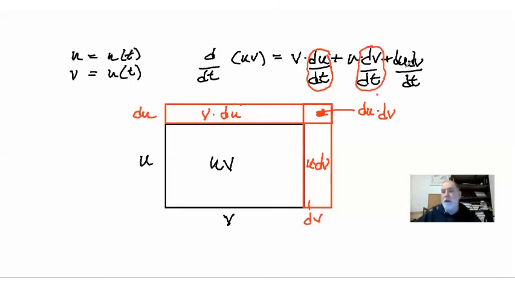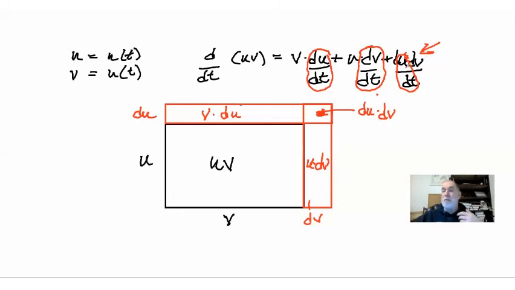And what do we have here? Well, we could interpret this as this derivative times dv, or the other way around. But the thing is, what we have here is two infinitesimals.